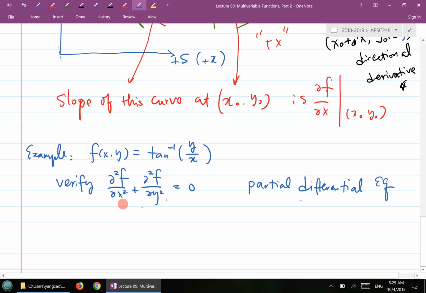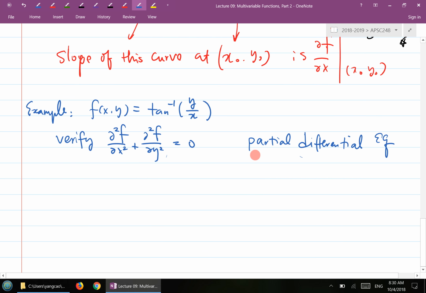There are different ways to solve partial differential equations, but in this case it's more or less like we give you the answer. Suppose this is the solution of the partial differential equation, and we want you to verify if it is.